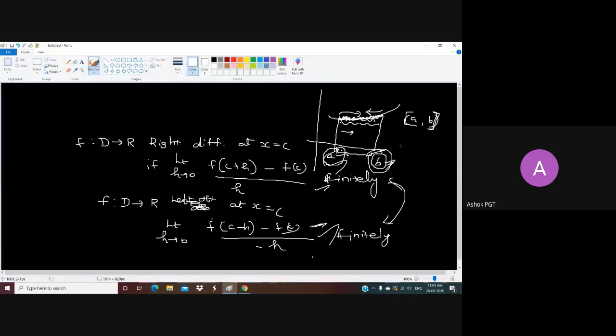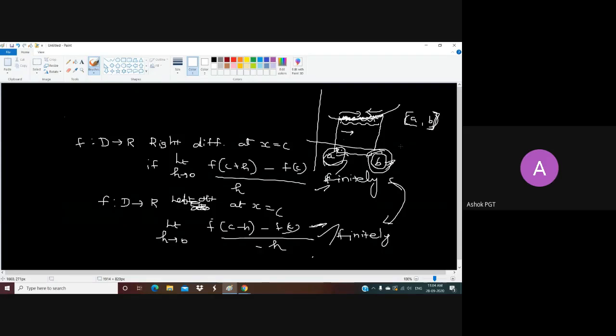And then the next one is f minus g is differentiable at c. That is, the difference of two differentiable functions is differentiable. The third point is, the product of two differentiable functions is differentiable. And the fourth point is, the quotient of two differentiable functions is differentiable.